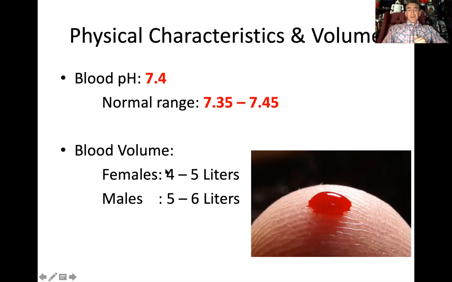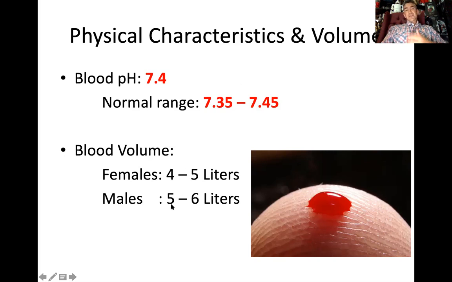Volume, right? So ladies, you have between 4 and 5 liters of blood. So imagine you go to the store, Albertsons, Walmart, Target, wherever, and you buy those 2-liter or 3-liter bottles of soda. You can see that's about how much blood volume is circulating in your body, 4 to 5 liters.